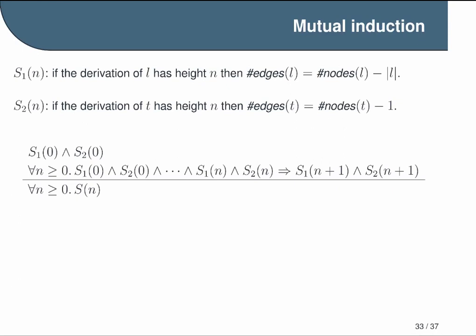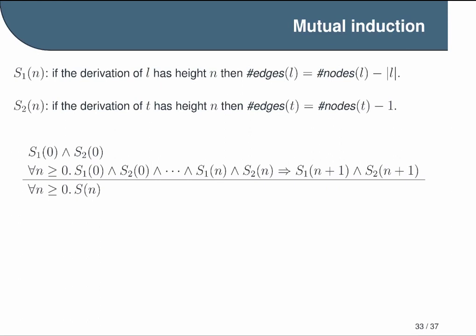And if you look at what's going on here, I think you'll see what I mean. Superficially, it looks like everything has doubled. So for example, if you look at our base case, before we might just have had S of 0, and now we have these two statements, S sub 1 and S sub 2 of 0, combined with a logical AND.